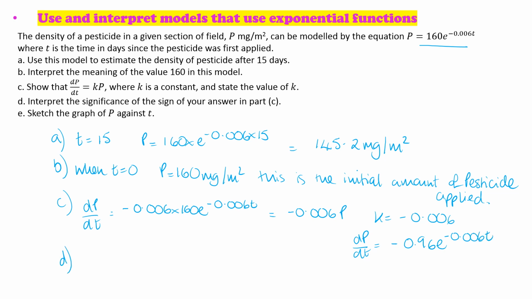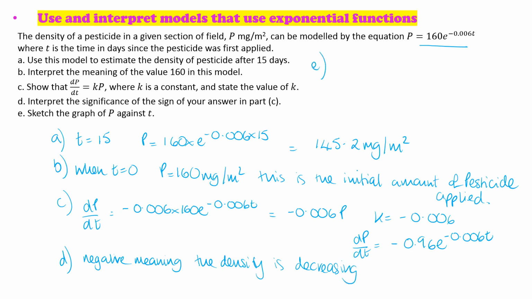Part D, interpret the significance of your sign. It is negative, so negative meaning the density is decreasing, which you would expect.